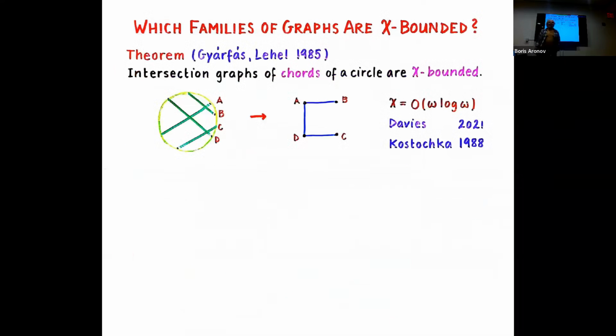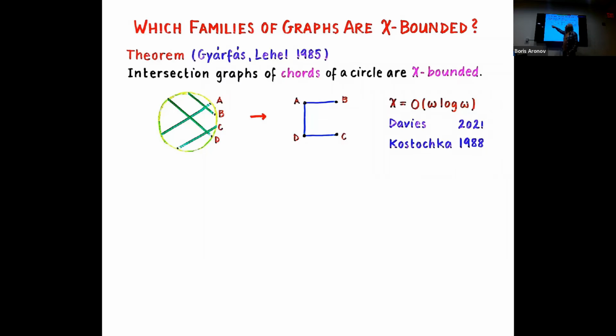So the question arises: how can we decide about a family of graphs whether it is chi-bounded or not chi-bounded? Here we have seen that the intersection graphs of segments are not chi-bounded, but here is a theorem, János and Lehel, 1985.